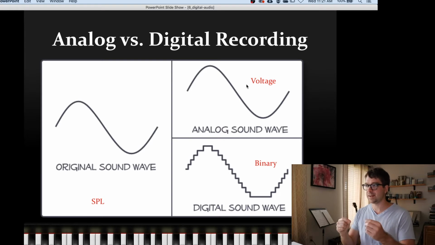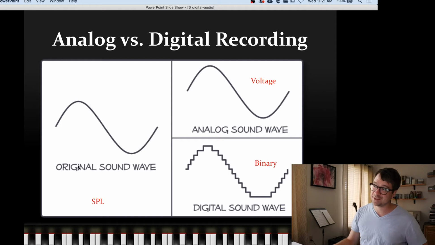And then that gets sent into, let's say, headphones, and the headphones turn the voltage back into sound pressure level, back into acoustic information. So this conversion of SPL to voltage to binary, and then binary back to voltage, back to SPL, happens all the time in our daily lives. We take it completely for granted, basically.